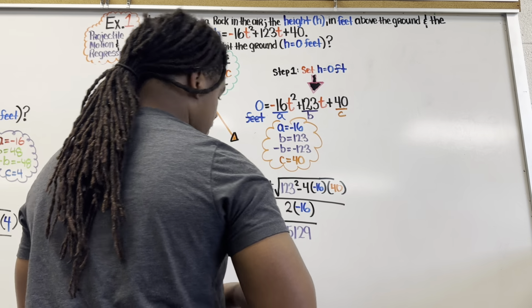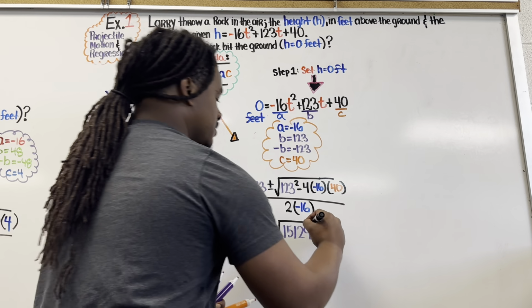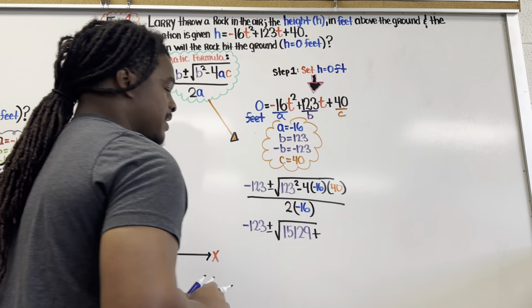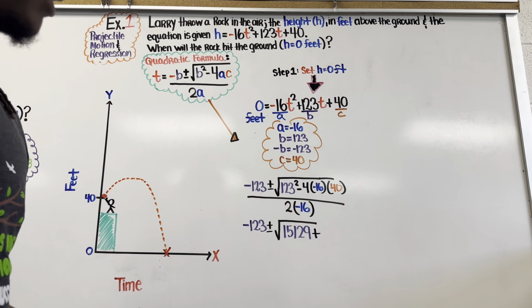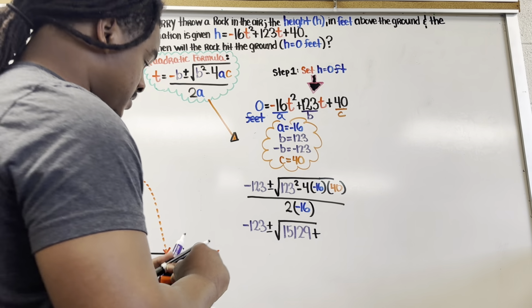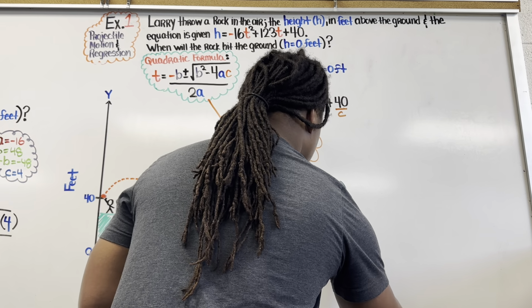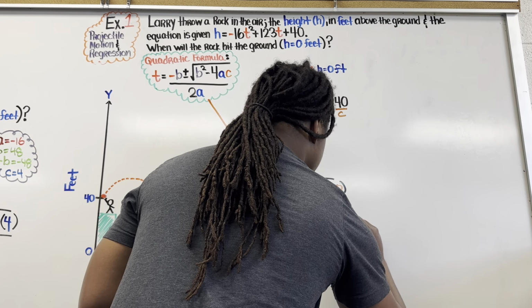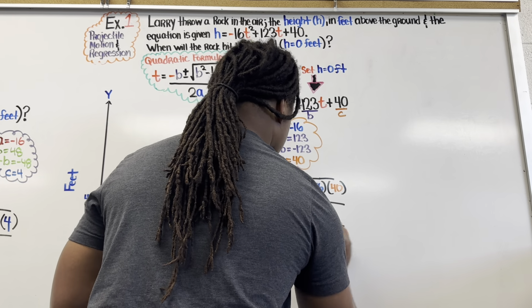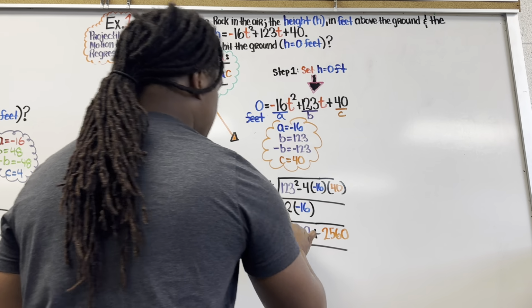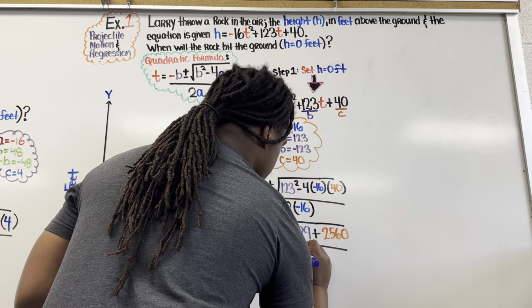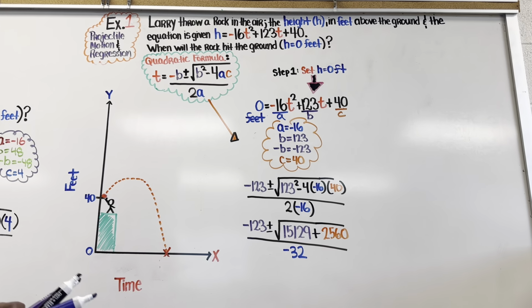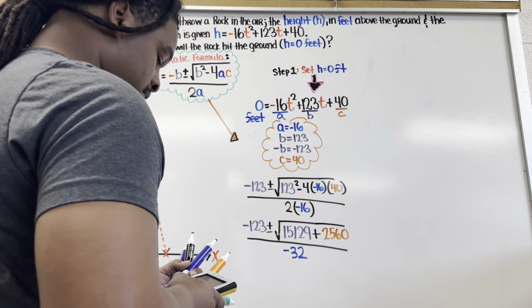When we multiply two negatives, that equals a positive, so I'm going to put a plus sign. Then negative 4 times negative 16 times 40 is 2,560. All of that is divided by 2 times negative 16, which is negative 32.